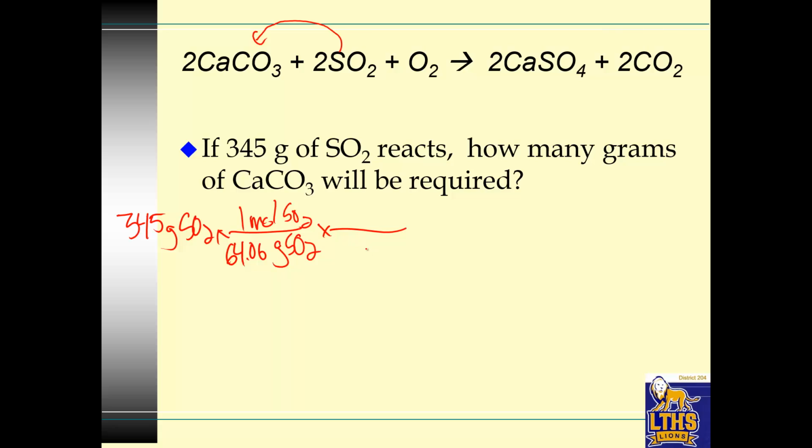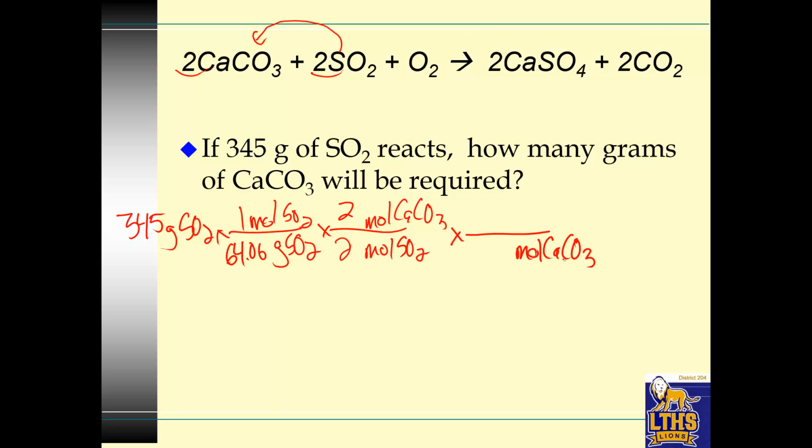And then I'm going from moles of SO2 into moles of calcium carbonate, because that's the only thing I know how to do. 2 over 2. I love math. I see these reduce and they're 1 over 1. Yay! Way to go, math geniuses. I love math geniuses in my class. 2 over 2 is 1 over 1. If you wrote 1 over 1, God bless you, you're a wonderful math person.